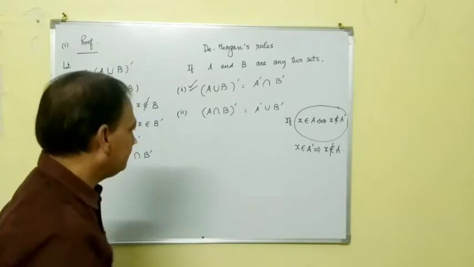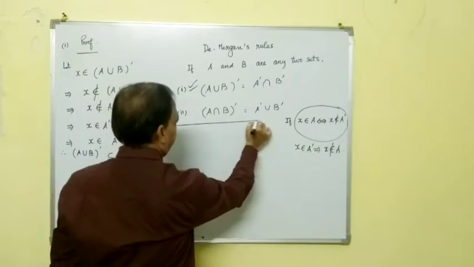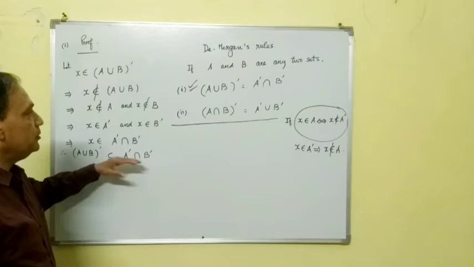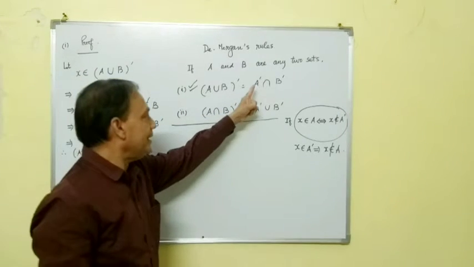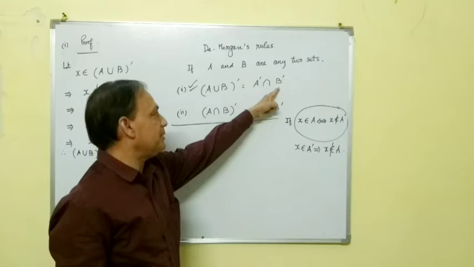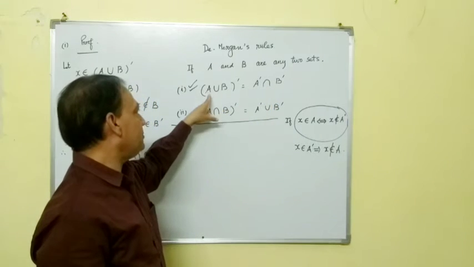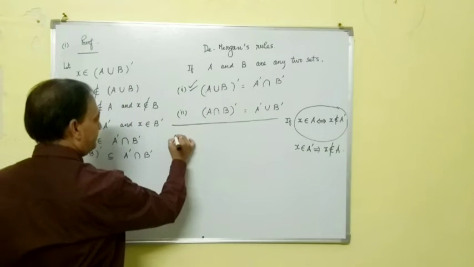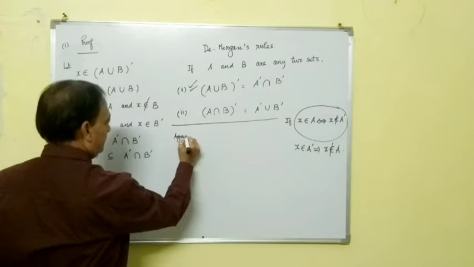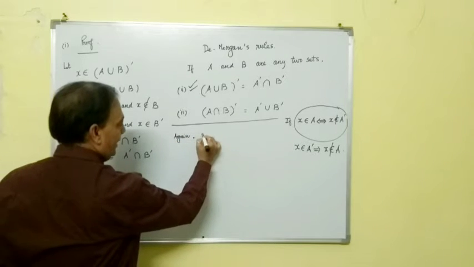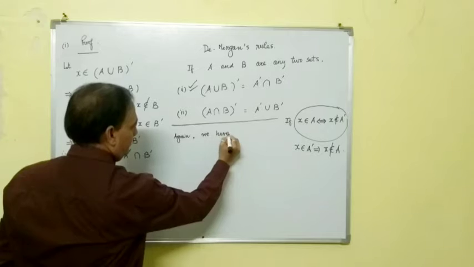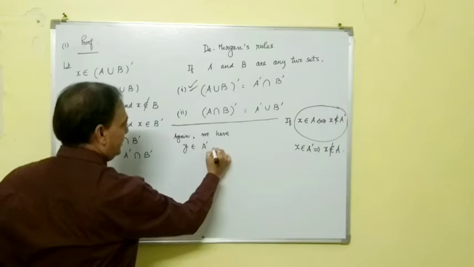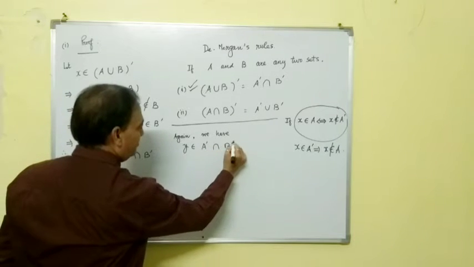Right? Again, what we have to prove? We have to prove that A complement intersection B complement is a subset of complement of A union B. So again, we have another element y belongs to A complement intersection B complement.